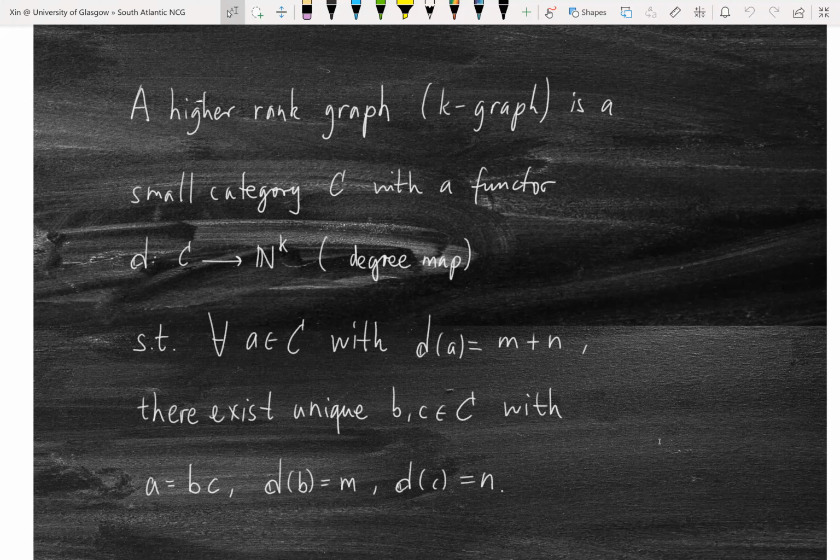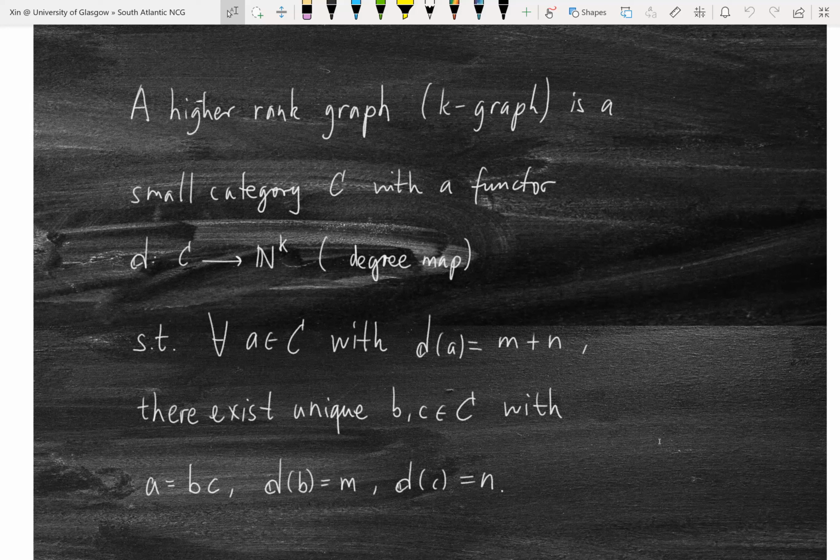So this is actually what I define, not the higher rank graph itself, but the category of paths. I say it's a small category, and the important feature is that it comes with a functor from this category to N^k, the free abelian monoid on k generators. This is sometimes called the degree map.